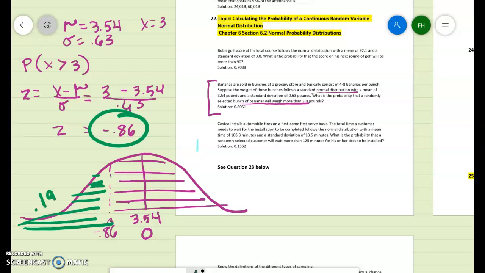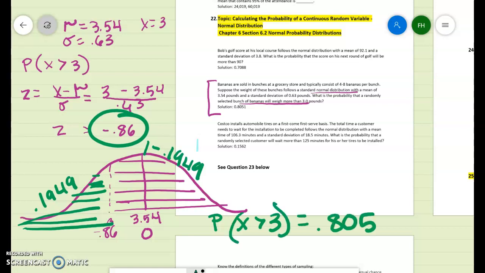So 0.1949 is the less than side. So the greater than side is going to be 1 minus 0.1949. So if you subtract, the area of the pink, or the probability that x is greater than 3, is going to be 0.8051.